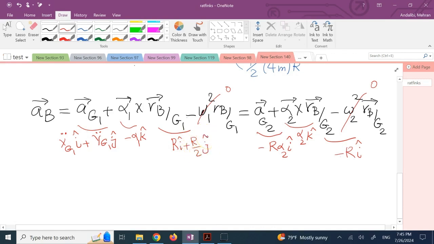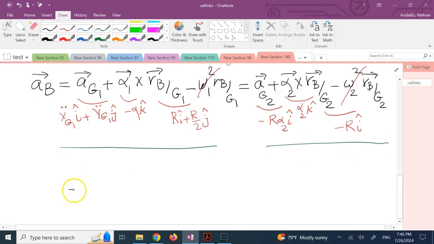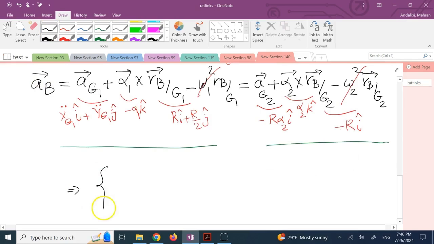And here clearly you have two vectors equal, this vector and this vector. That means the i's are equal and the j coefficients are equal. And if you expand it, let's see what equation that will give us. One of them will be x double dot of G1 in the i direction.